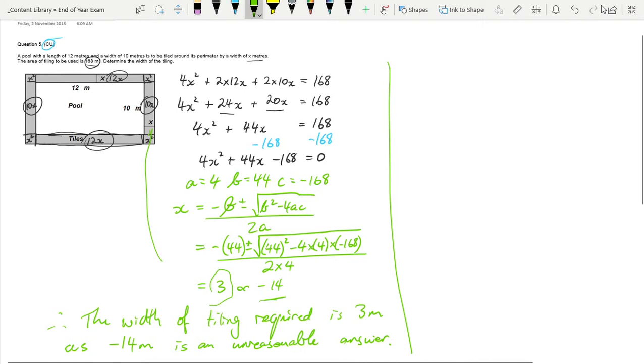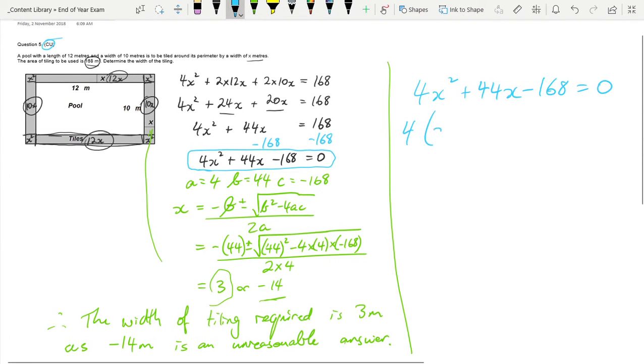The other way you could do it from this point is by factorising. I'll just rewrite that. You can take out 4 as a common factor. So 4 times x squared gives us the 4x squared, plus 4 times 11x gives positive 44x, then 4 times 42 gives negative 168.